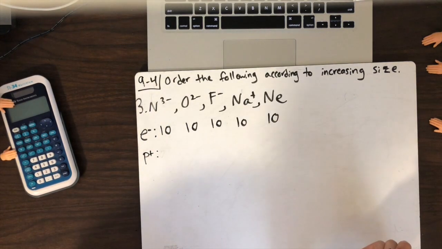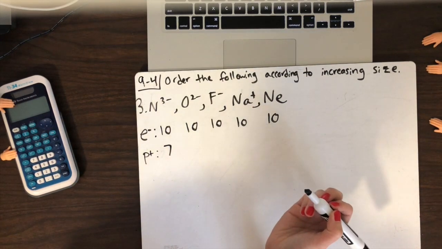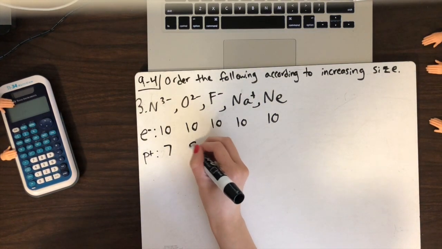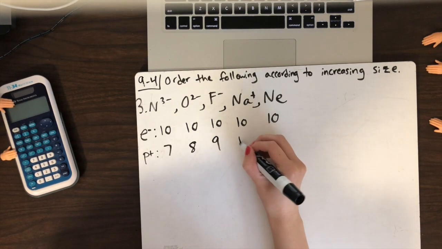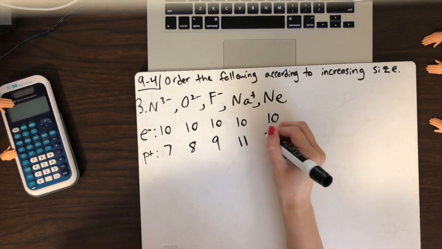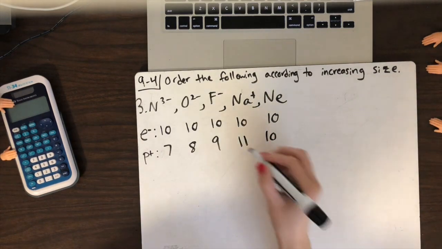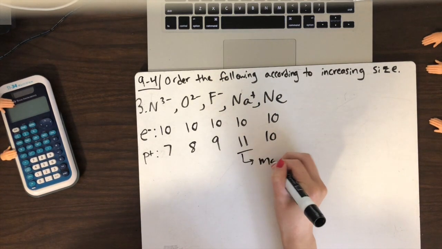In terms of protons, they have different amounts. N has 7 protons, O has 8, F is 9, Na is 11, and Ne is 10 protons.